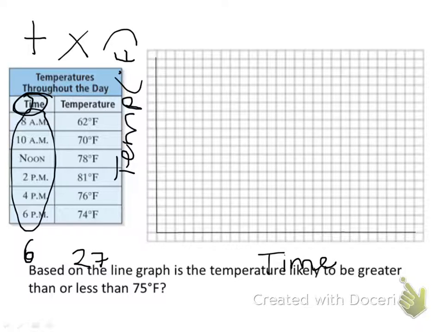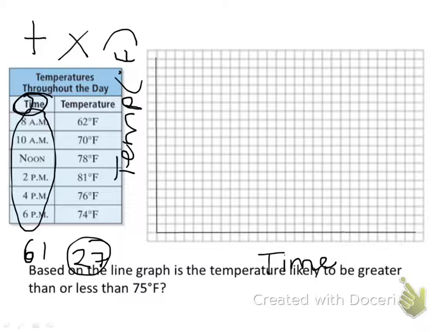Well, how many times can 6 evenly go into 27? 6 can go into 24 four times, because 4 times 6 is 24. So that means each of our times is going to be 4 boxes apart from each other.